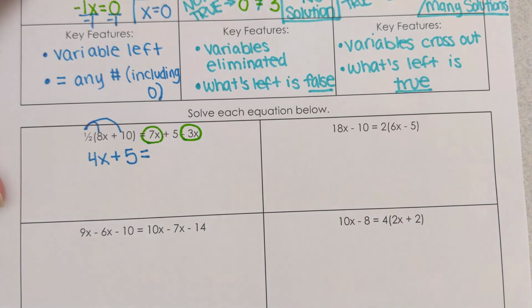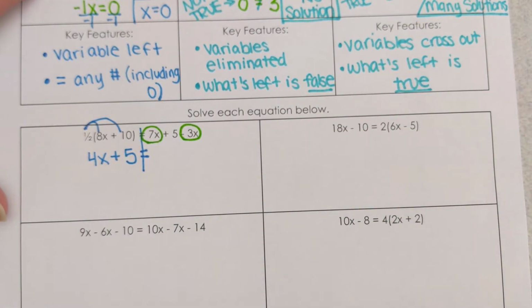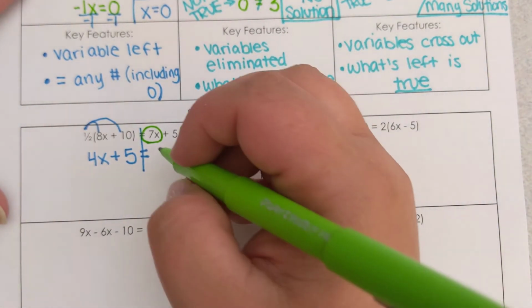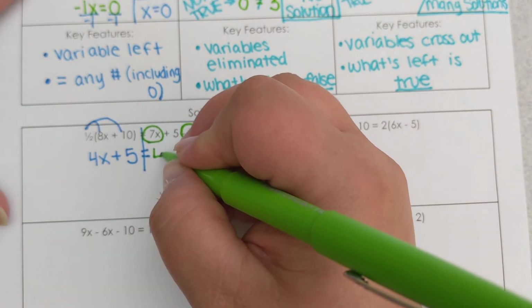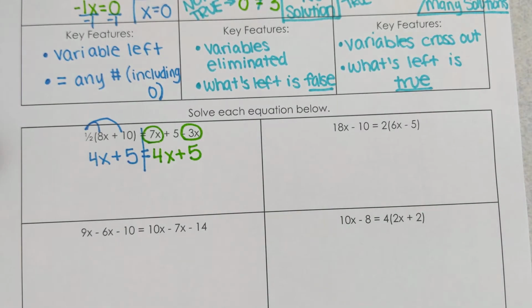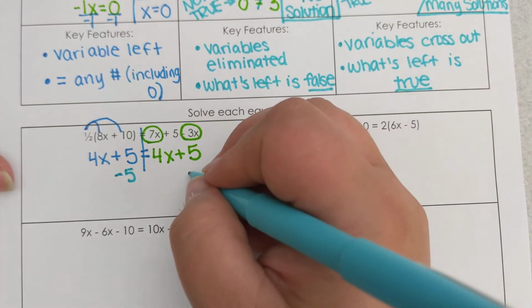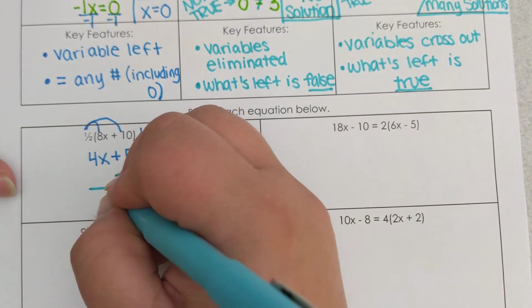I have a 7x and a negative 3x on the same side of my equation wall, so I'm not going to do the opposite since they're already on the same side. 7x plus negative 3x is 4x. Okay. And then I'm going to subtract my 5 from this side so that it's over here with the other 5.